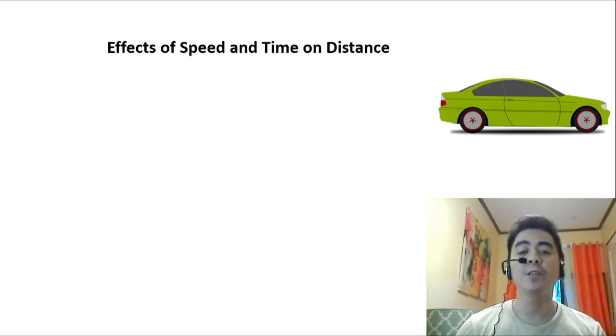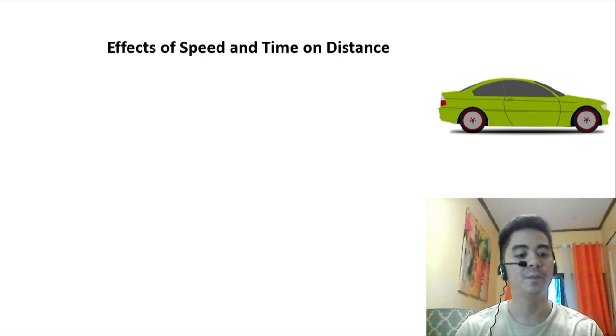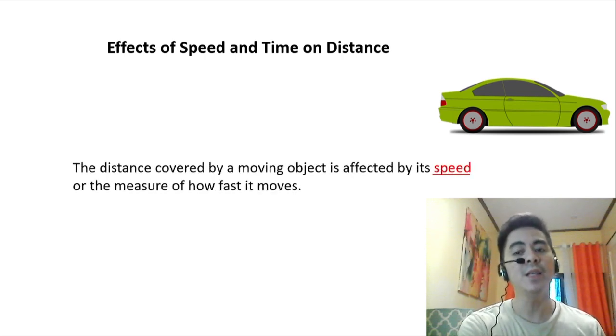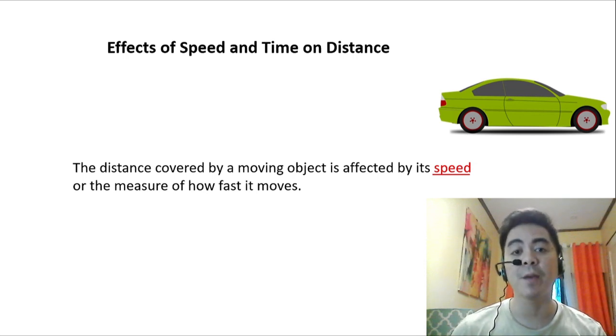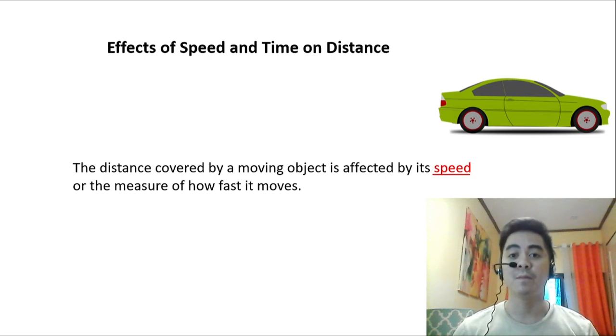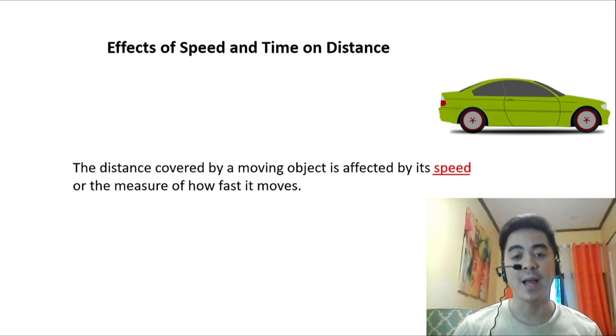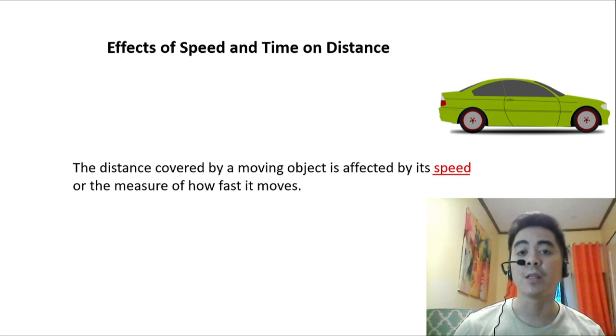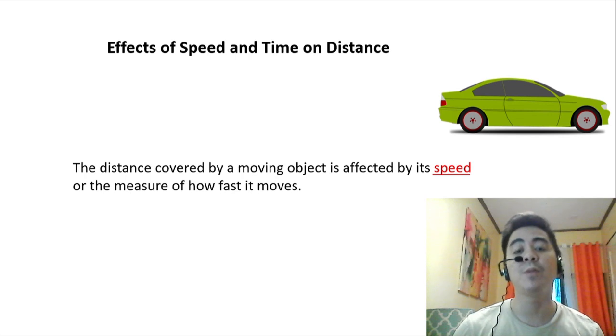The effects of speed and time on distance. Distance can be affected by the speed and the time. The distance covered by a moving object is affected by its speed, or the measure of how fast it moves. If the moving object is fast, it can cover a great distance. If the speed of the car is slow, only a shorter distance will be covered.